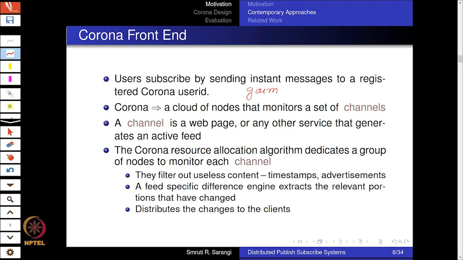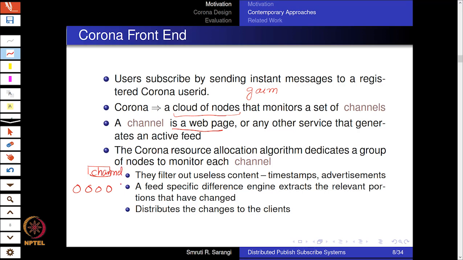Corona is a set of nodes on the cloud that monitor a set of channels. Essentially, every website or content provider is called a channel. Any service that generates an active feed of data, an active feed of news, is called a channel. The Corona resource allocation algorithm will dedicate a set of nodes in Corona to monitor a given channel.